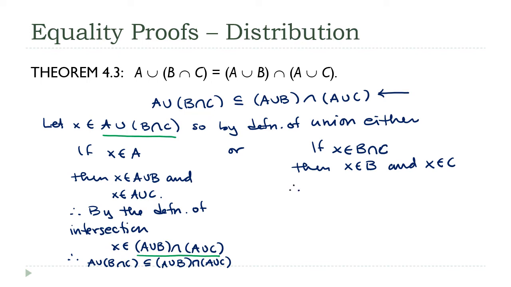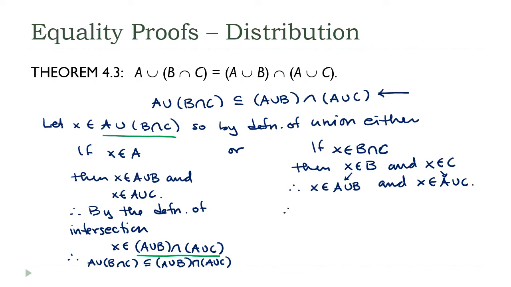Therefore, X is an element of the union of A and B, right? That's what this tells us. And X is an element of the union of A and C. That's what this part tells us.